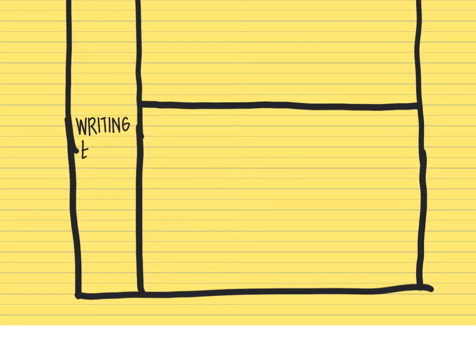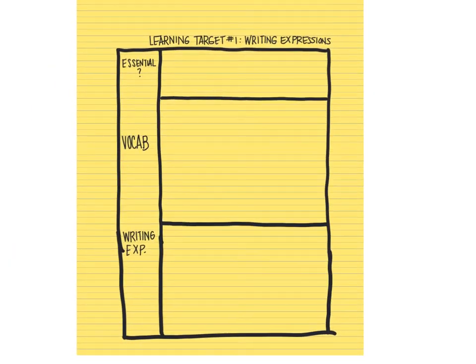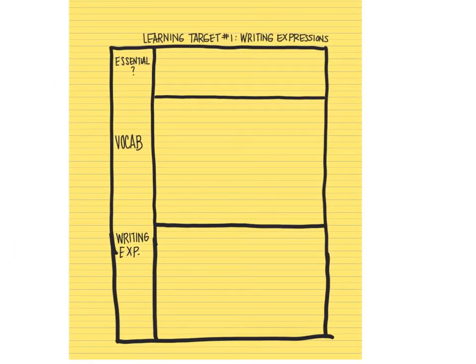I'm going to have to do that a little bit smaller so we can fit it. So I'm just going to put writing expressions like that, just to shorten it a little bit since we don't have a lot of room. So far you should have your learning target, number 1, writing expressions. That's our goal. We're going to have some vocab, and then we're going to have some writing expressions we're actually going to practice. I'll show you how to do that.